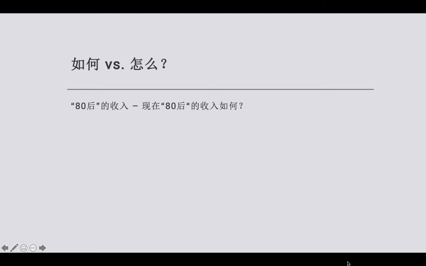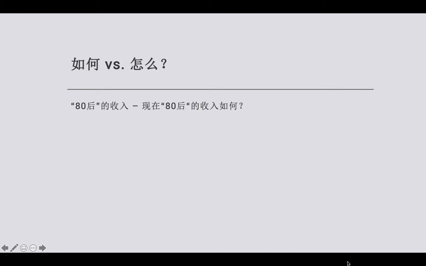So what's the situation about the revenues of the 80s? You can put 如何 at the end of the sentence and maybe give a bit of a timing scenario. So now, 现在, what's the current situation of the revenues of the 80s? The Chinese translation is 现在80后的收入如何. You can just put 如何 at the end of the sentence.